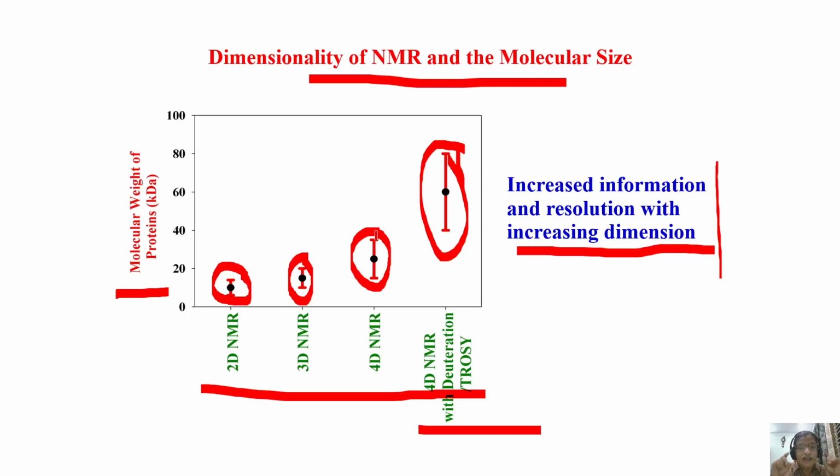Dimensionality has to be chosen based on the size of the molecule, based on the molecular weight. As you go from one dimension to the next higher dimension, you have more information and more resolution. But of course, you pay a penalty. You take more time. Instrument time goes exponentially. All these factors you have to decide before doing an experiment.